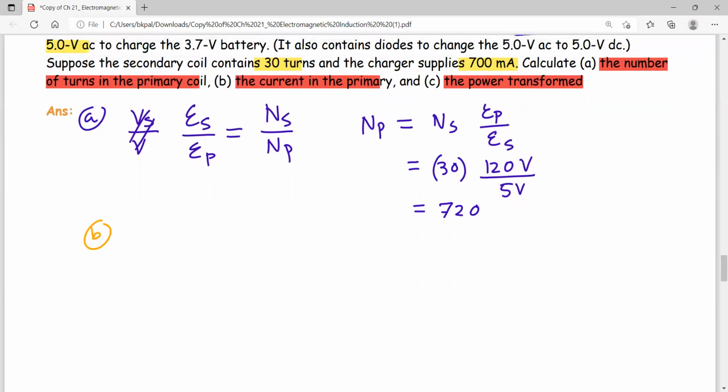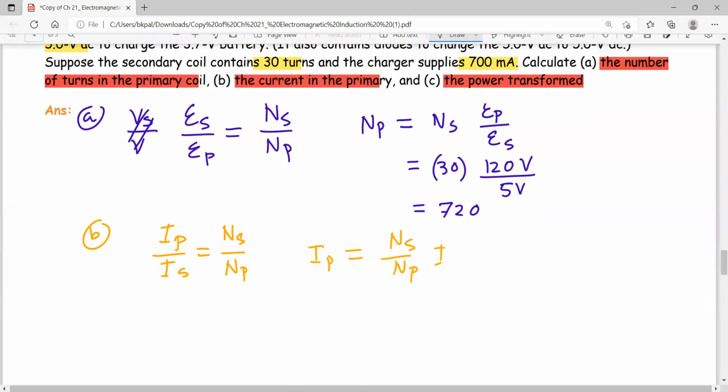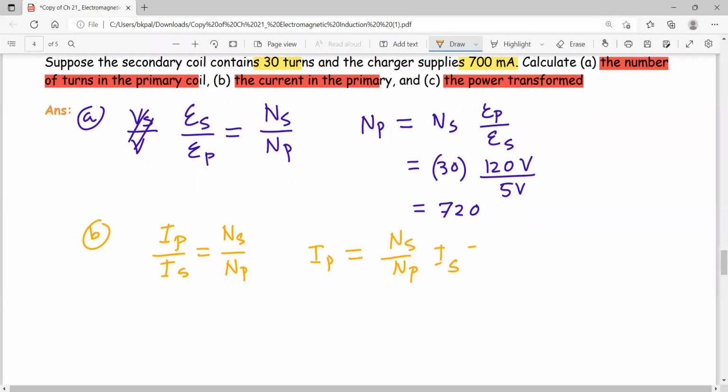Next, the current in the primary. If you remember, you can use this equation: IP over IS equals NS over NP. If I solve it for IP, I get NS over NP times IS.